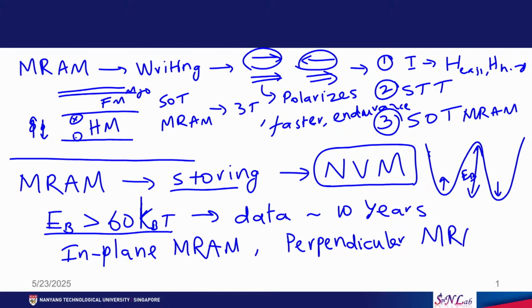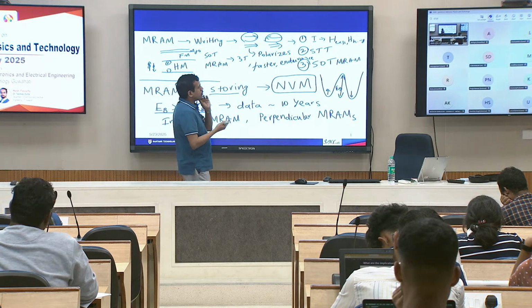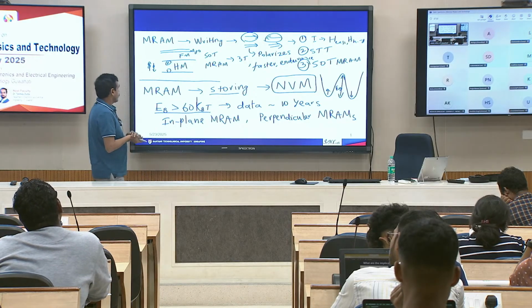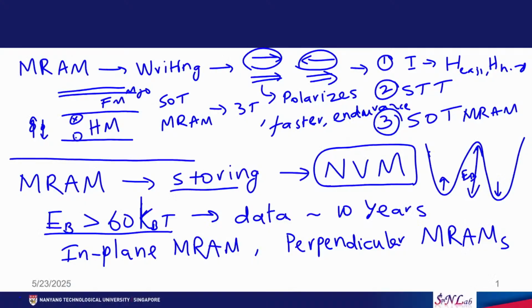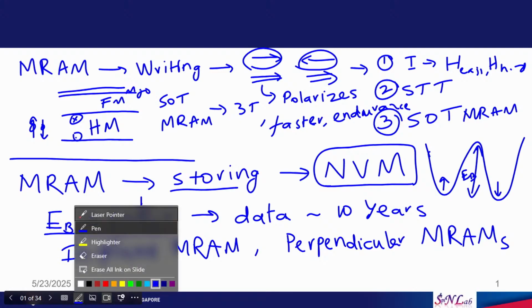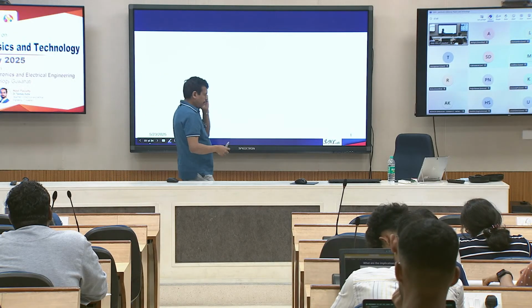As the names imply, in plane MRAM, the magnetization of the free layer and the reference layer are all parallel to the wafer plane, and in the case of perpendicular MRAM, the magnetizations are perpendicular to the wafer plane. Any question? No.